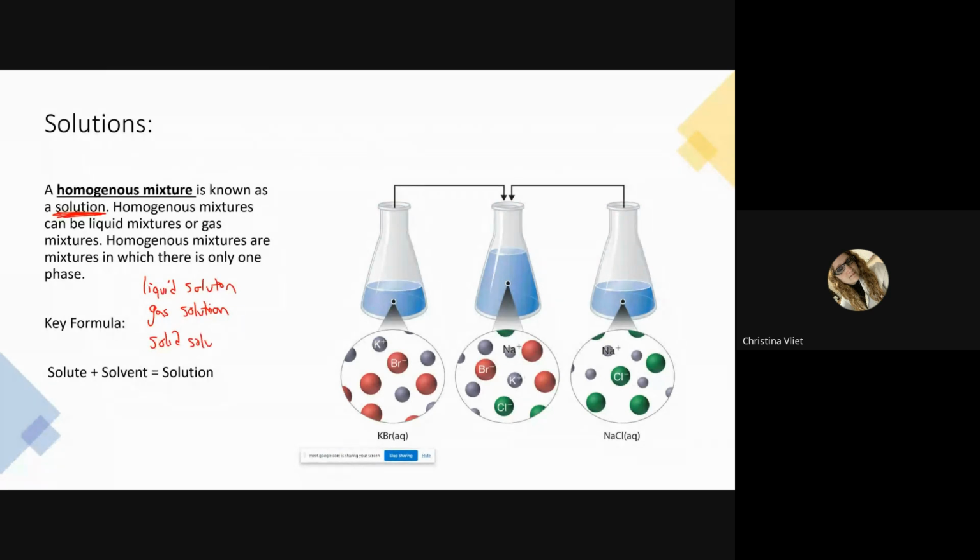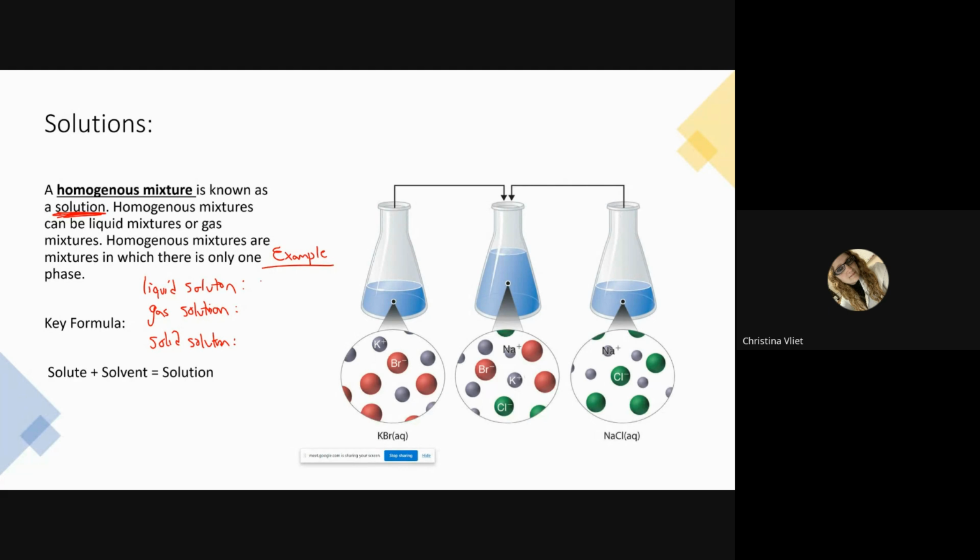Let's think if we could think of at least one example of each. So what would be an example of a solution that's in the liquid phase? Not just H2O. Salt water or sugar water, something like that, right? Something where water is the solvent and you've got something else being dissolved into water. That's an example of what we're going to mainly work with in our class.